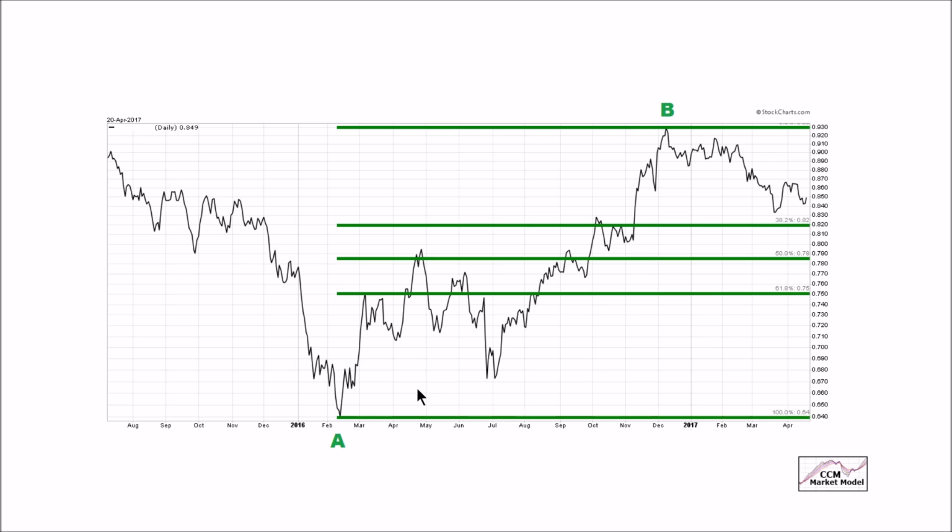At this stage, my vote would be a higher high. This looks like a normal pullback within the context of an ongoing and established bullish trend.